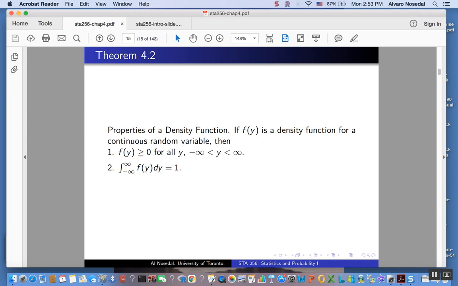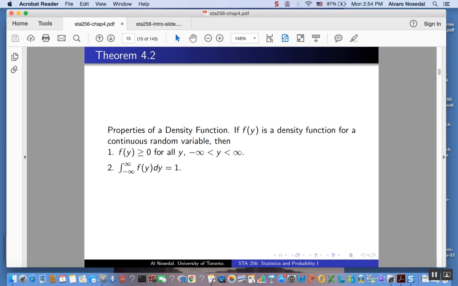Now, let me show you a theorem. We're not going to provide a proof of this result, but we're going to see that it holds for the variables that we're going to be dealing with. Anyway, remember that back then when we studied discrete random variables, we said that the distribution or probability mass function of a random variable y is just a list of possible outcomes along with the corresponding probabilities.